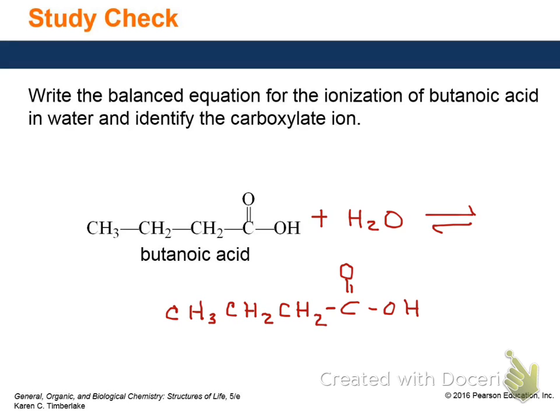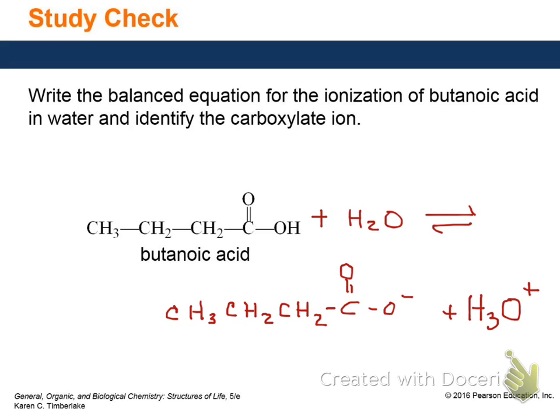It was the donor, so you take your eraser and scribble off the H and leave a negative charge behind. The other part? Water is the base, so I get H3O plus, like that.